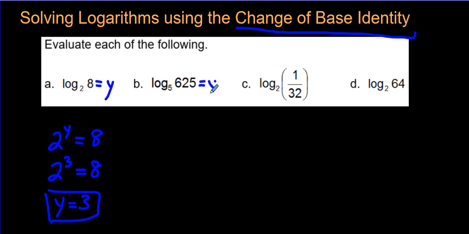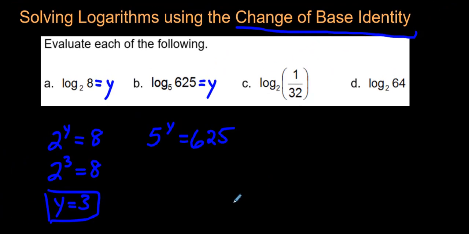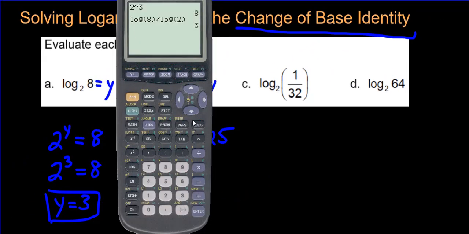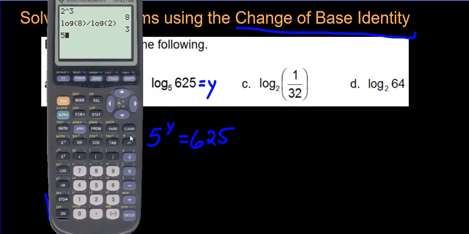Okay, let's say this thing equaled y, and we have log of 625 to the base 5. Okay, so what that's saying is 5 to the power of what, or y in this case, is equal to 625. You might need a calculator no matter how you do this, because if you were to guess and check, you would have to guess 5 to the exponent.